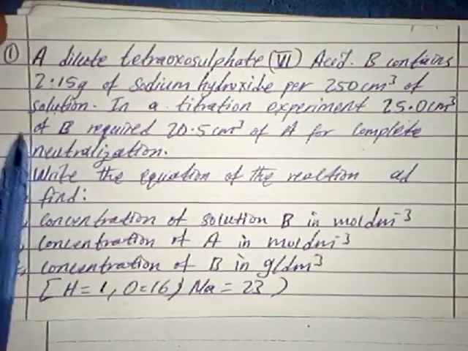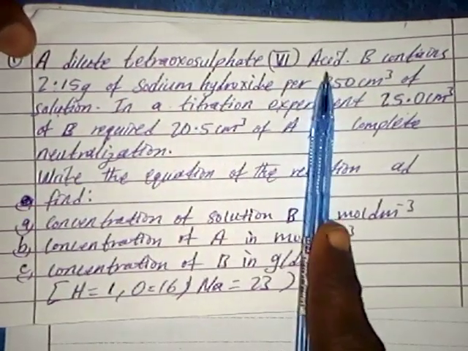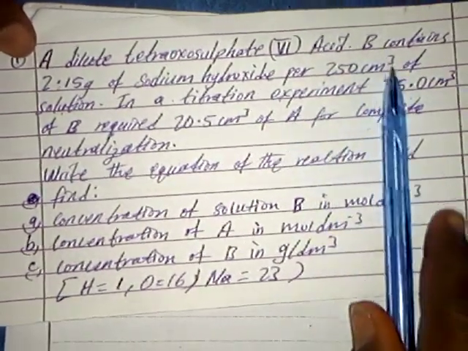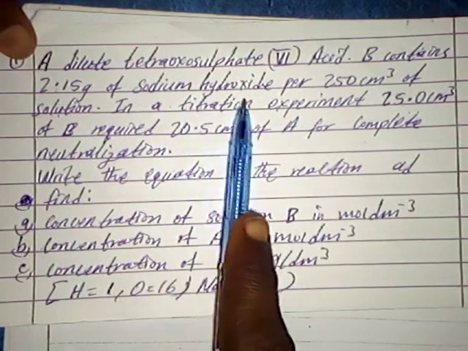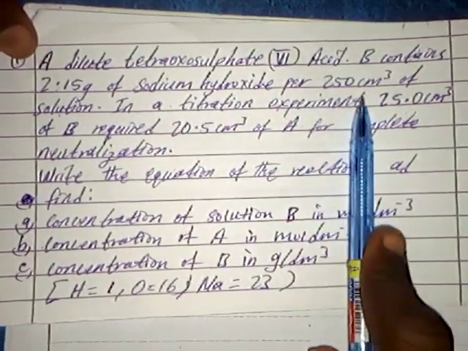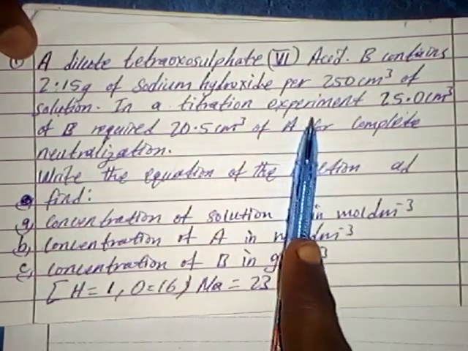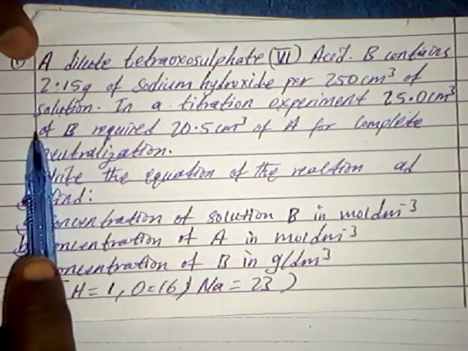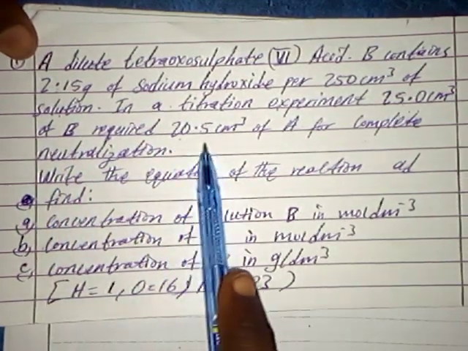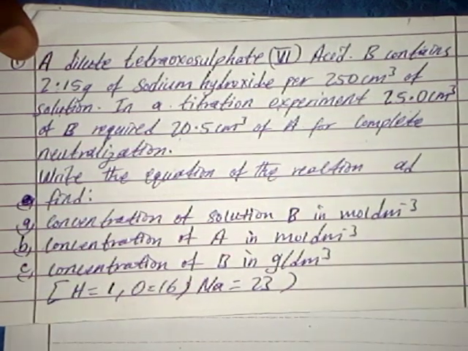Now this is our first question, which says: a dilute tetraoxosulfate VI acid, A, and B contain 2.15 gram of sodium hydroxide per 250 centimeters cube of solution. In a titration experiment, 25.0 centimeters cube of B required 20.5 centimeters cube of A to complete neutralization.